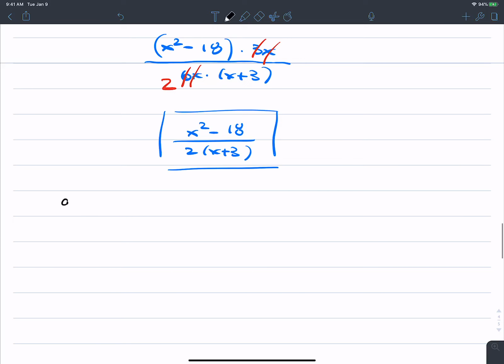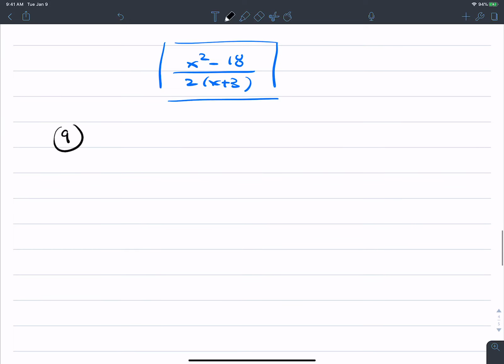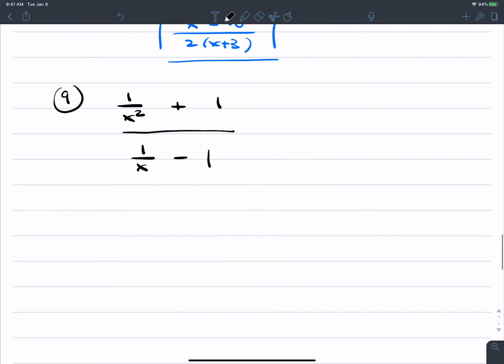Number 9. We have 1 over x squared plus 1 over 1 over x minus 1.